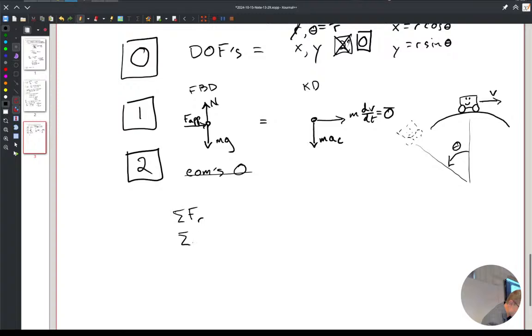So here, in the radial direction, I could say this is m v squared over r, really a negative, right? In the theta direction, it's all equal to 0.